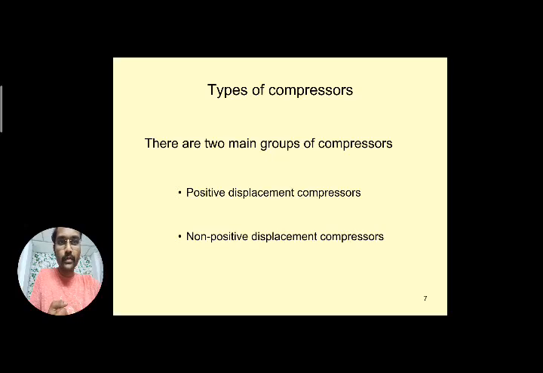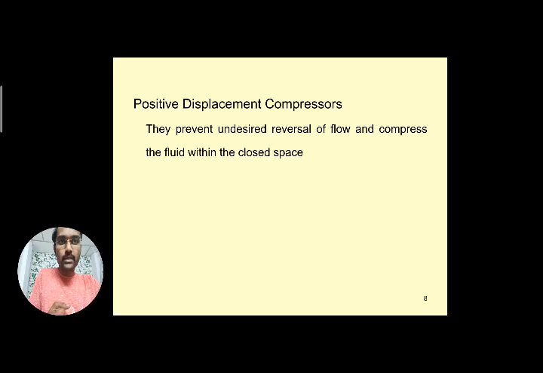So in these 2 groups, if you consider positive displacement compressors, you can read this statement: they prevent undesired reversal of flow and compress the fluid within the closed space. Why the name is given, I think you have understood that.